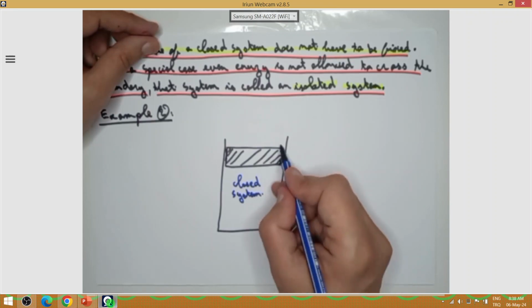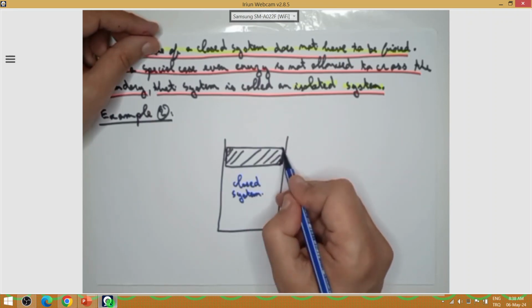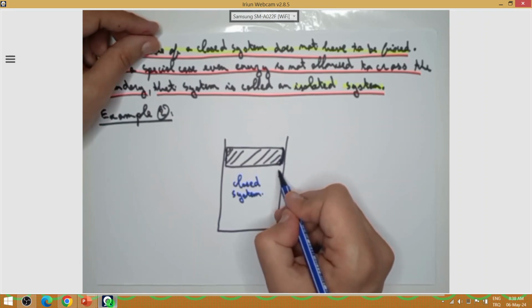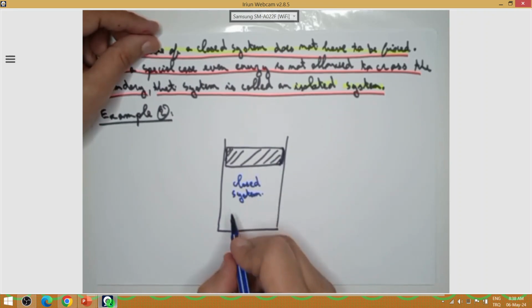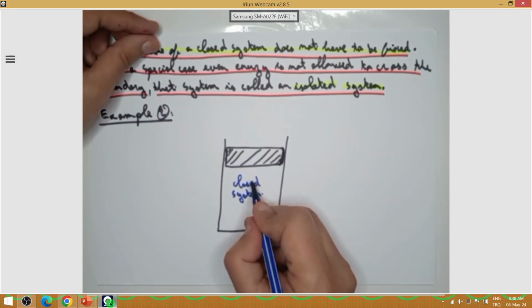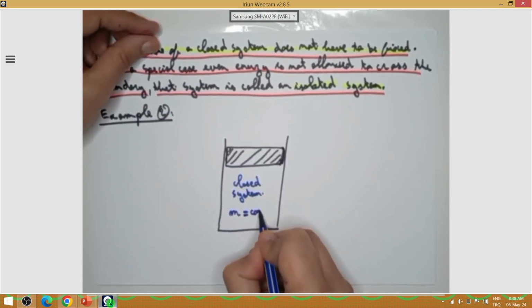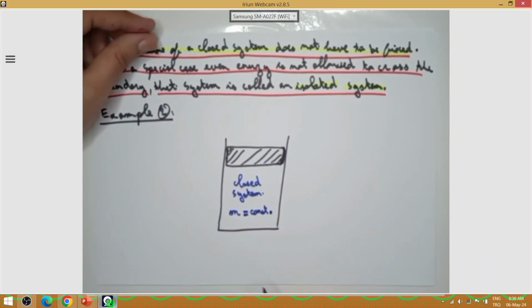So mass cannot go in or out. I don't have any holes from which mass can flow in or flow out. So the mass m inside this cylinder is constant.